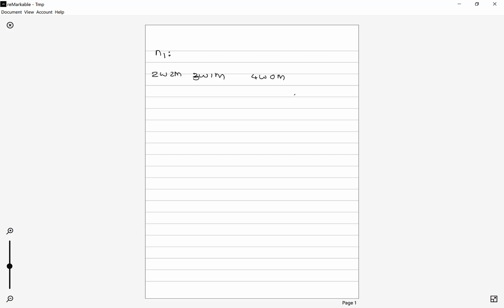So 2 women, it's basically 6 choose 2. Then we have 2 men, 4 choose 2, right? Plus, this is 3 women, so 6 choose 3, 4 choose 1, plus 6 choose 4, and this is just 1, right? So 0 men, that's 4 choose 0, this is just 1.